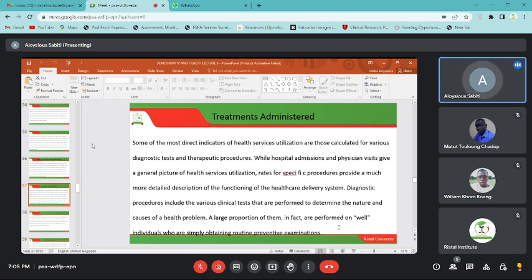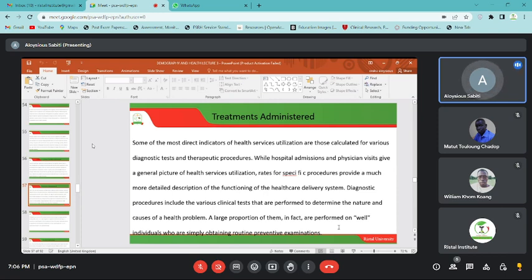However, we want to understand the issue of treatment or a therapeutic, meaning that an individual has been diagnosed and has been treated. So if an individual is put on a treatment, then we can know how many of these have successfully sought healthcare treatment.